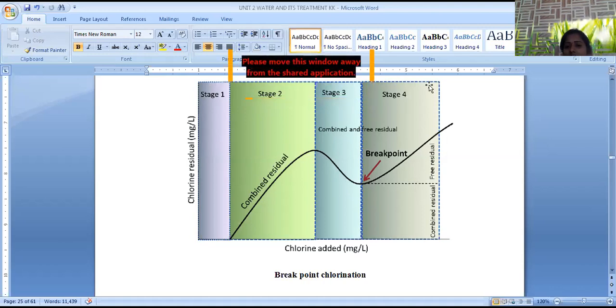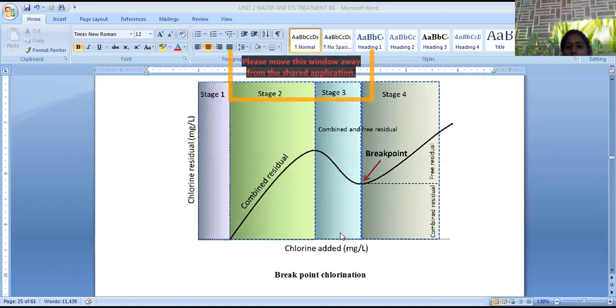Hence up to this level, it is called breakpoint chlorination. And whatever chlorine comes out after this breakpoint chlorination is called residual chlorine. So this is an important graph used to represent breakpoint chlorination.